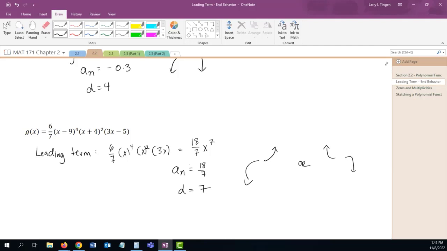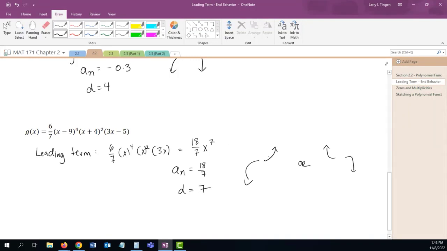So if I take a very large positive number and I raise it to the 7th power, and then multiply by a positive, that number is going to stay very, very large. If I take a negative number, I raise it to the 7th power, the output's still going to be negative, right?